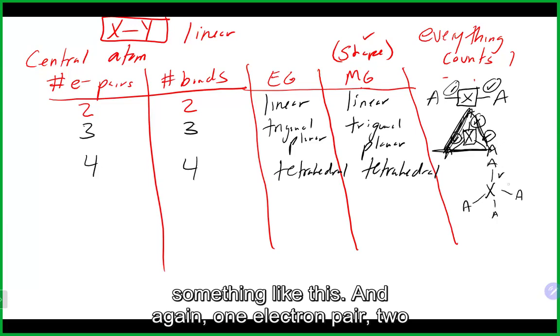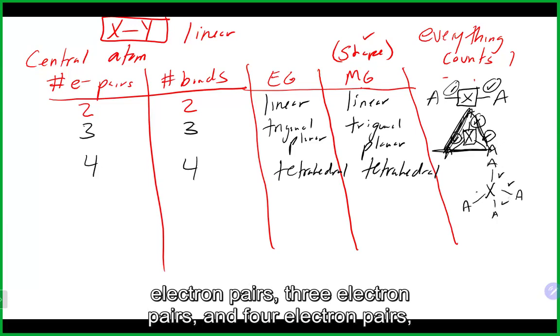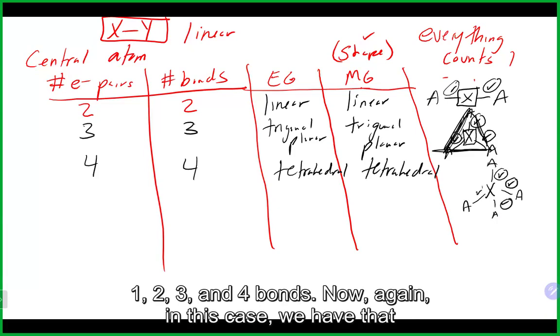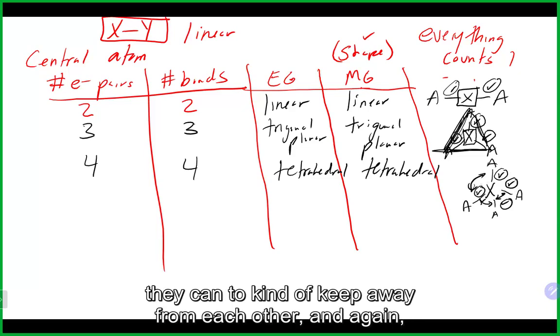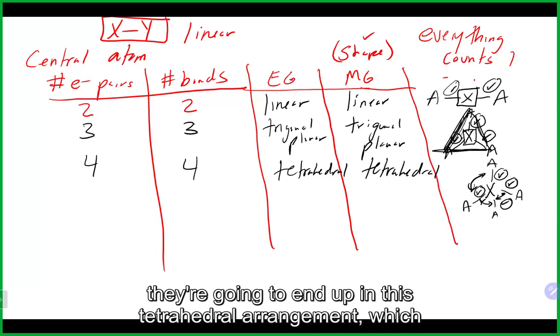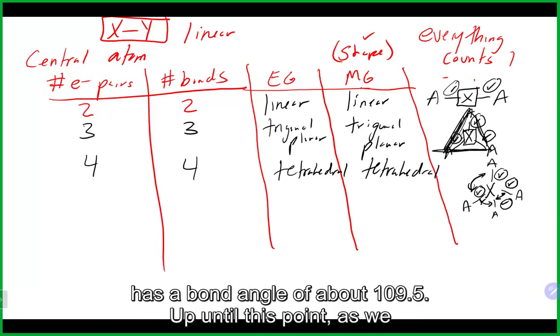And again, 1 electron pair, 2 electron pairs, 3 electron pairs, and 4 electron pairs, 1, 2, 3, and 4 bonds. Now, again, in this case, we have that 4th bond. So remember, everybody is trying the best they can to kind of keep away from each other. And again, they're going to end up in this tetrahedral arrangement, which has a bond angle of about 109.5.